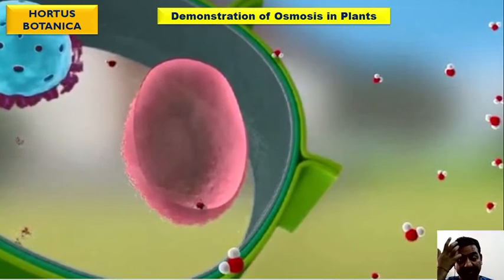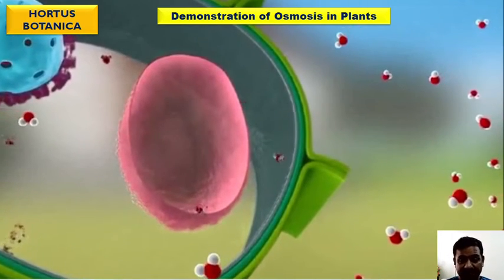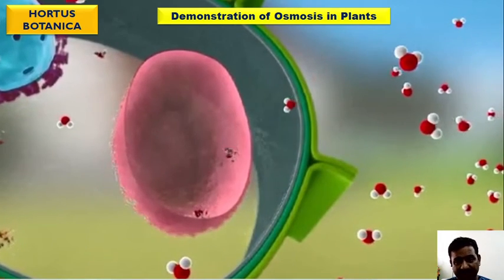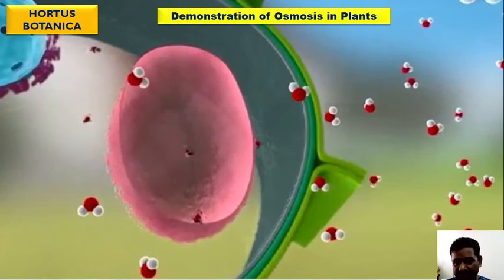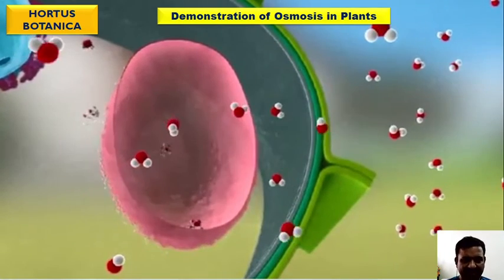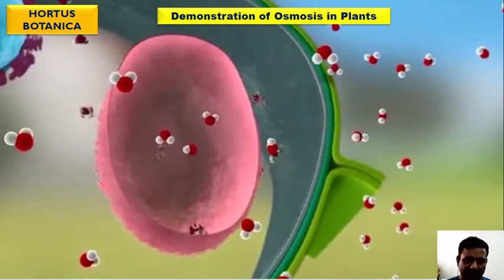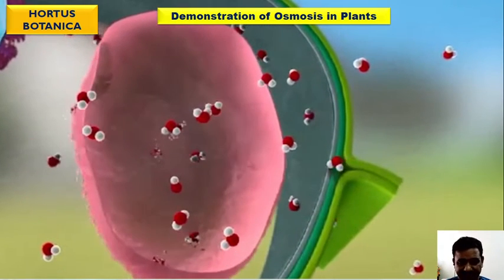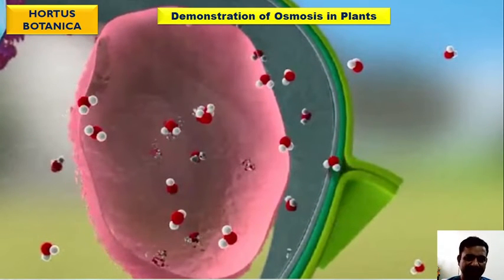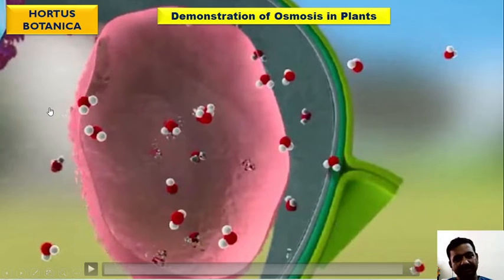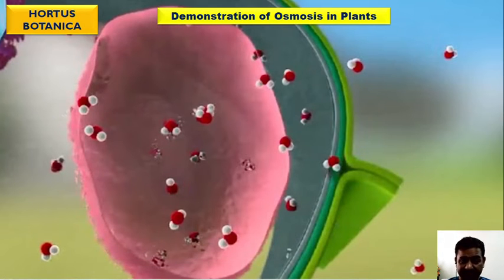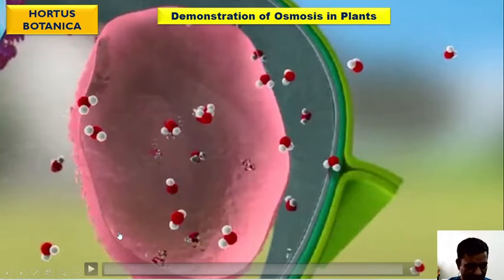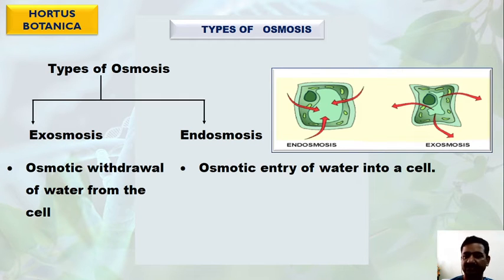So the water concentration is high outside, so it moves. The solution is hypertonic inside, hypotonic outside. So see how water is moving inside, from the hypotonic to the hypertonic solution, or at the solvent level you can say from hyper to hypo, right? So yes, my dear, we find here the different modes we use to demonstrate and make you understand that water is moving from the hypotonic to the hypertonic solution.